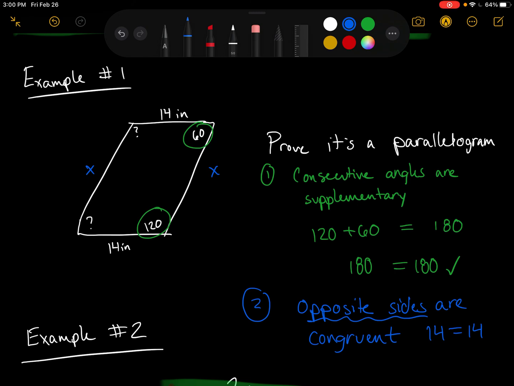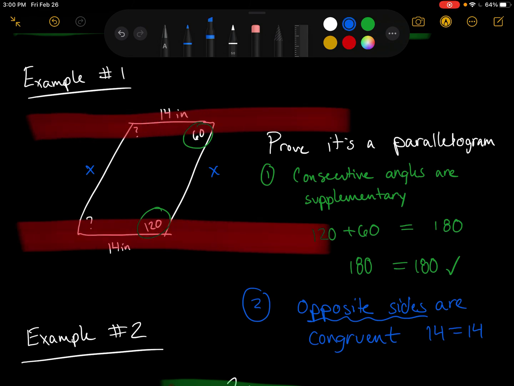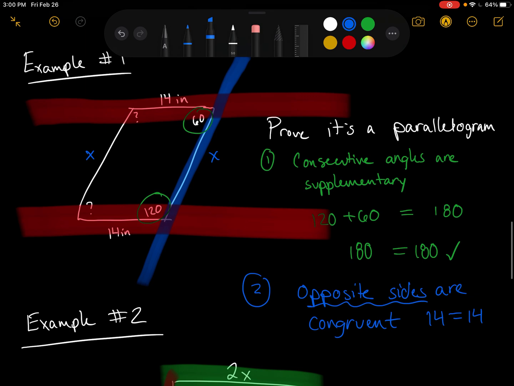So a final way that we can go through and prove this, so maybe a third option here, there's quite a few different ways we can do this, is if we extend these lines, it's actually going to bring us back to what we were working on earlier this year.